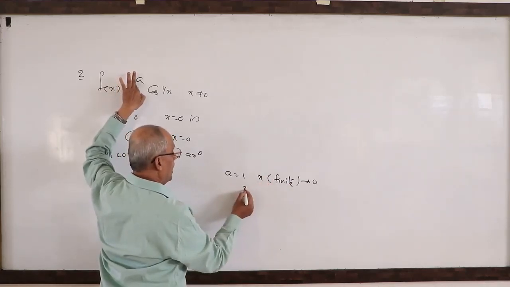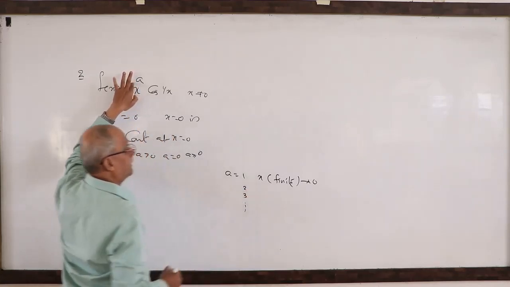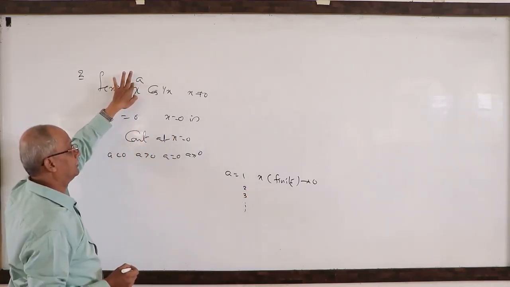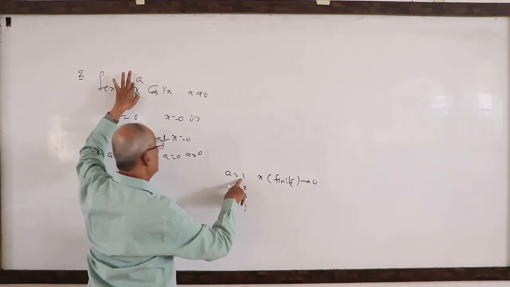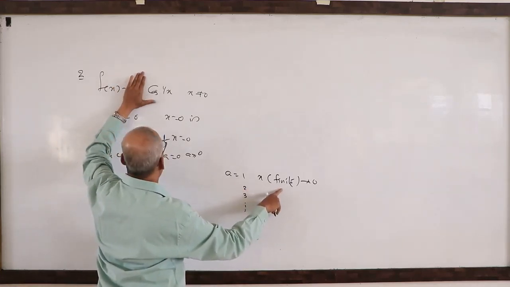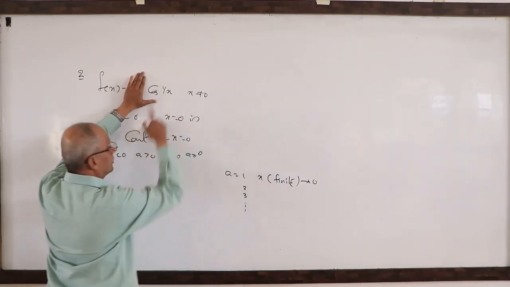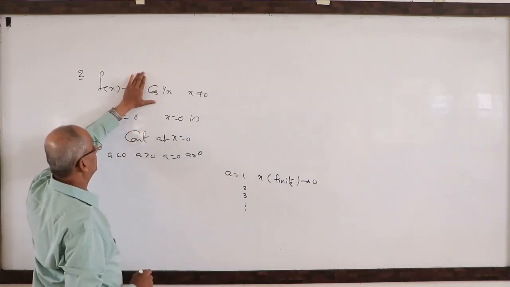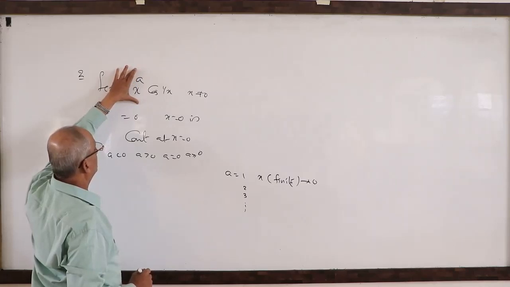This is true for all these numbers. If it is 0, a power 0 is 1, nothing is there. Only cos of 1 by x as x tends to 0 will be infinite. So, we cannot consider.